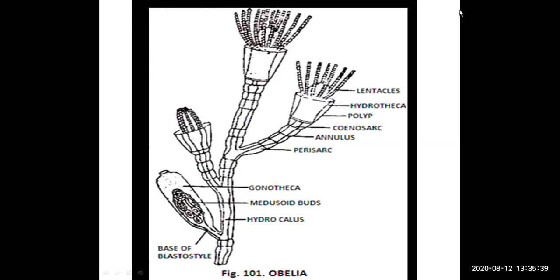Enzymes in the gastrovascular cavity. The partly digested food material is made to circulate inside the gastrovascular cavity, and the pseudopodia capture and swallow the partly digested food material.